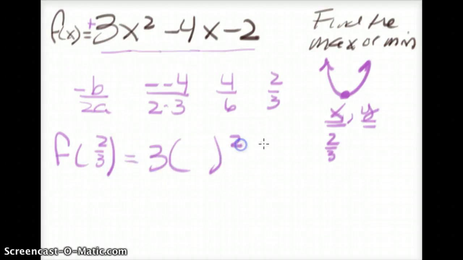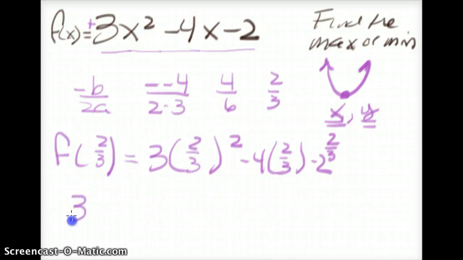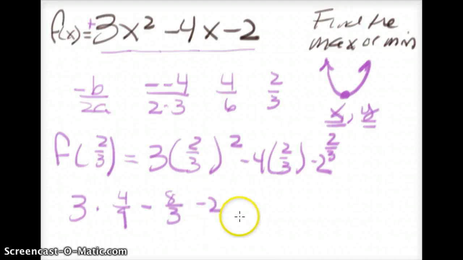So remember, it's 3 blah squared minus 4 times blah minus 2. Okay, what are we going to plug in there, folks? We're going to plug in there 2/3. Okay? All right, so this is going to be 3 times, what is that? 4 over 9 minus, that's going to be 8 over 3, and that's going to be minus 2.